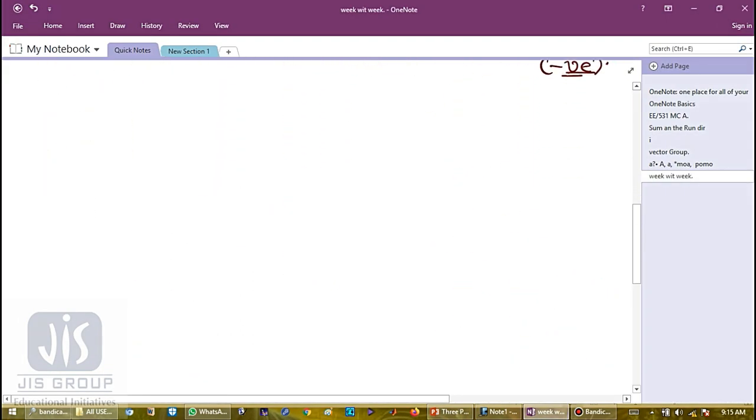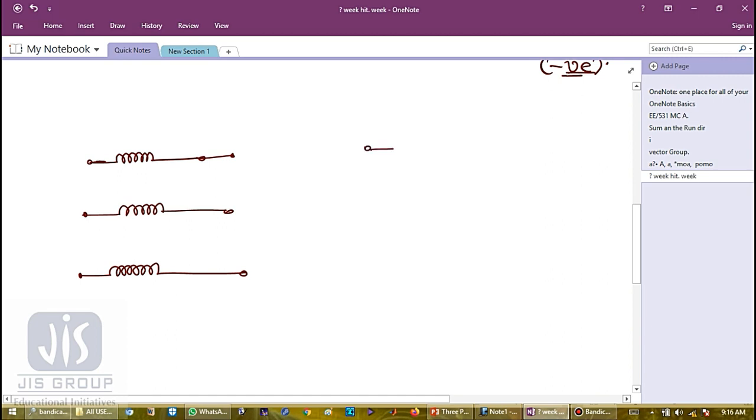Let me first draw the three windings of the high voltage side. Similarly, there will be three windings for the low voltage side.